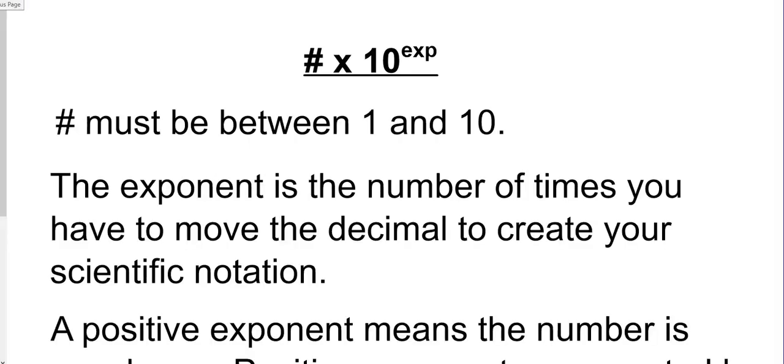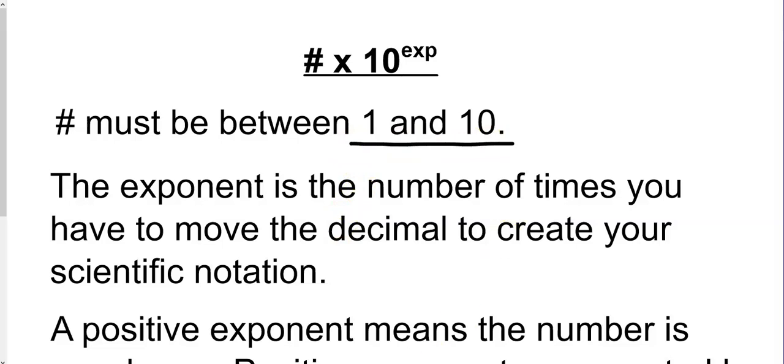So, scientific notation. Here's some information for you. Basically, it looks like a number times 10 to an exponent. What's really important that you understand is that this number has to be between 1 and 10.